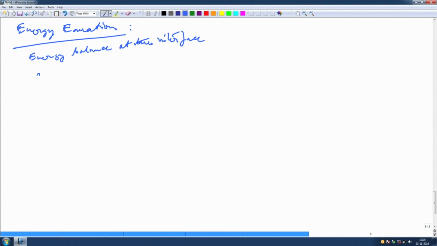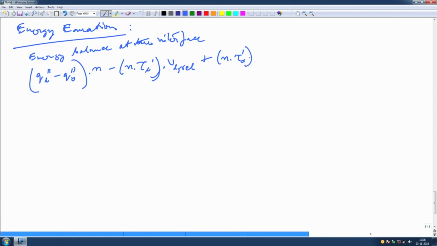Okay, so, energy balance at the interface: QL double prime minus QV double prime dot N relative plus ... square by 2 minus EL.